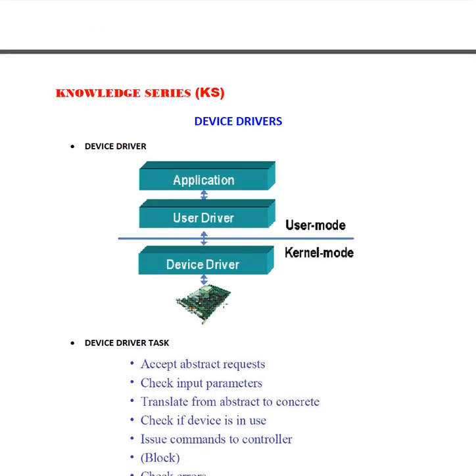Now we go to the next area on the DMA: the device driver. Before we go to the device driver, what exactly is this device driver and why is it necessary? That is very important for us to understand, because we all know that different types of device drivers are available.